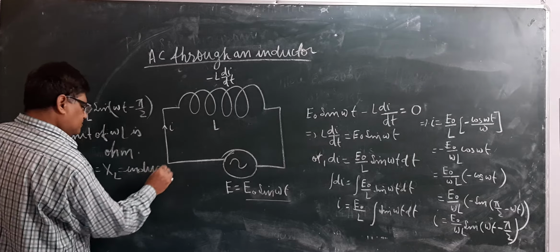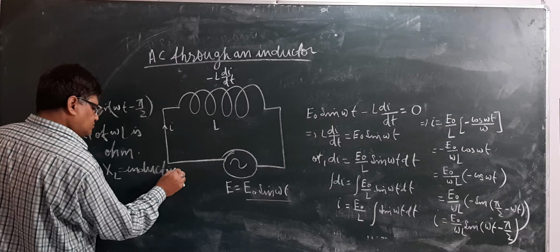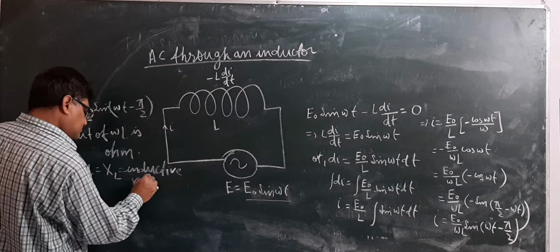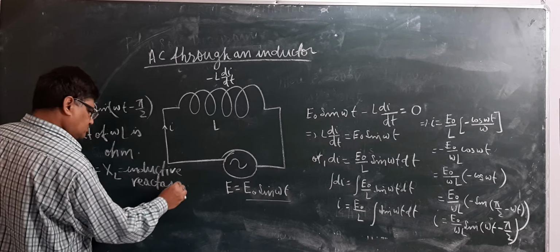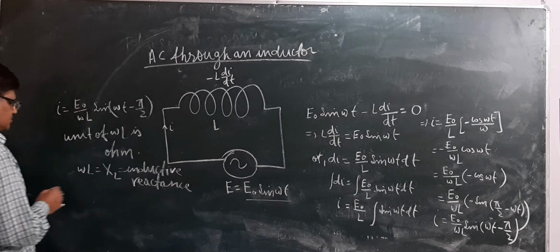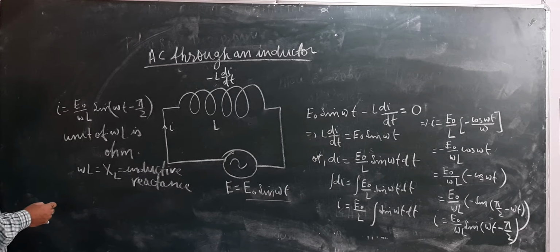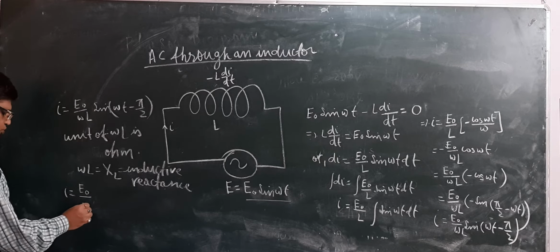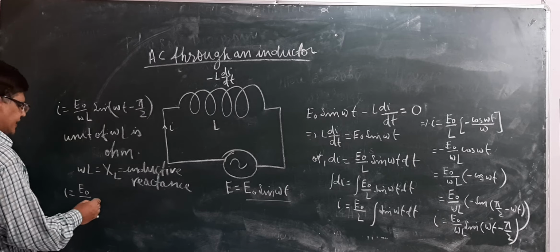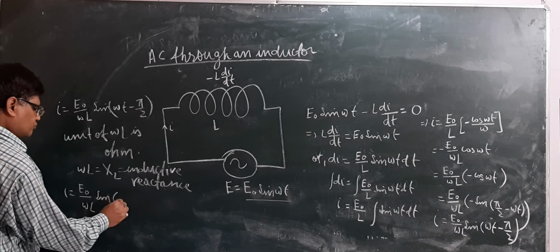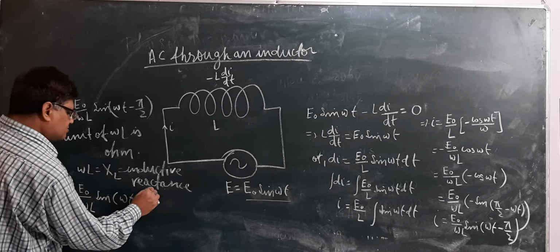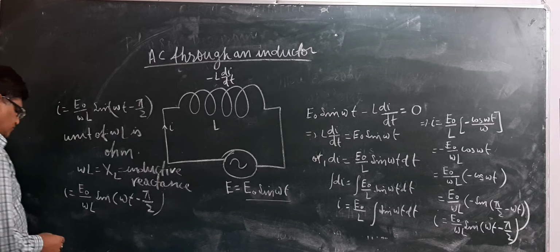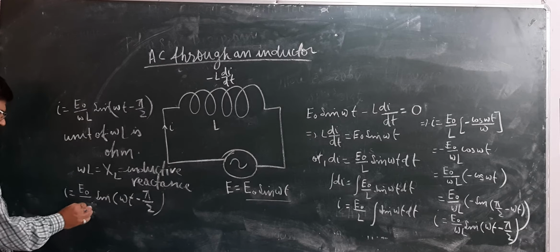Inductive reactance. You should remember this formula. So we can now write this I, that is instantaneous current, is equal to E naught by omega L sine omega t minus pi by 2, or simply we can write this as XL.